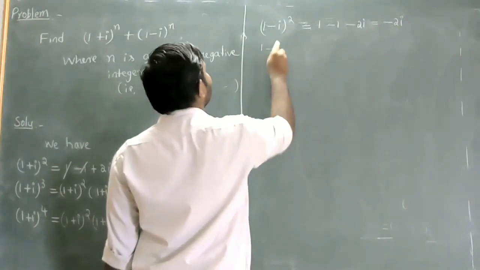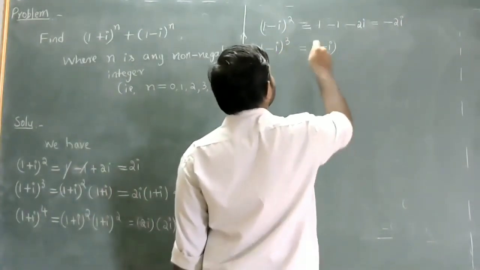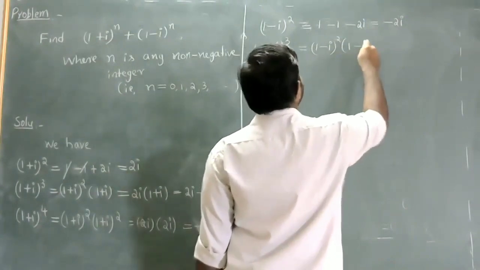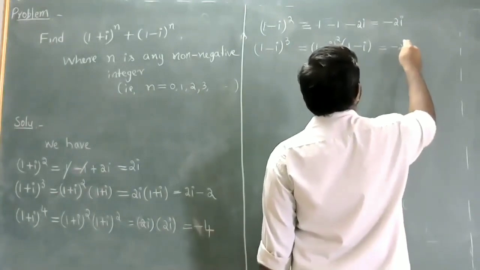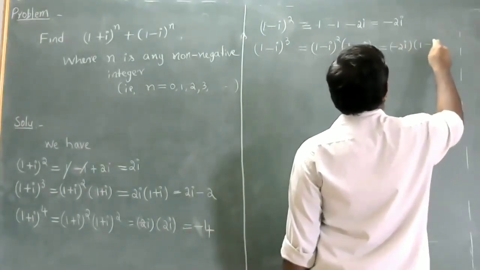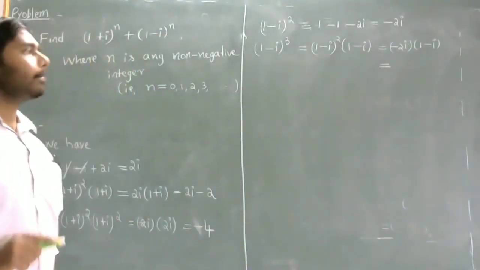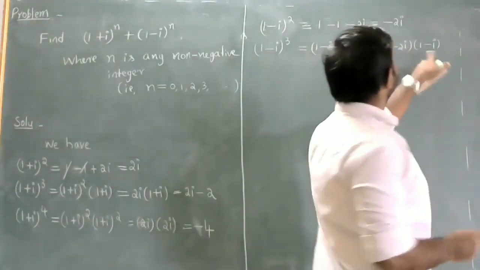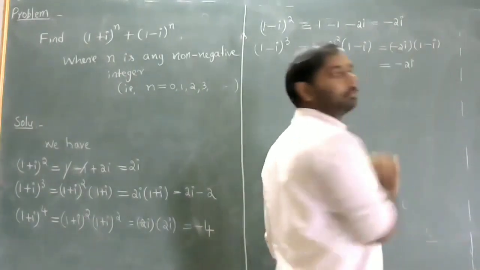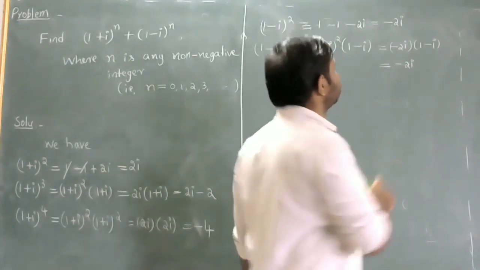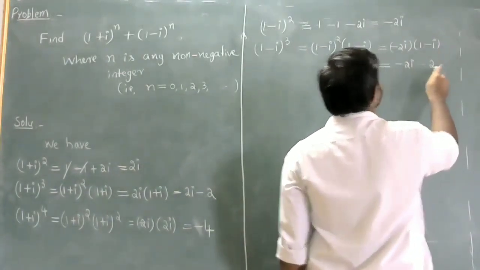Now (1-i)³ is (1-i)² into (1-i), and (1-i)² is -2i, so -2i into (1-i). -2i into 1 is -2i, minus into minus is plus, i into i is i² again. So it will be -2.